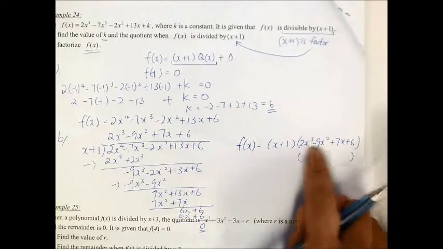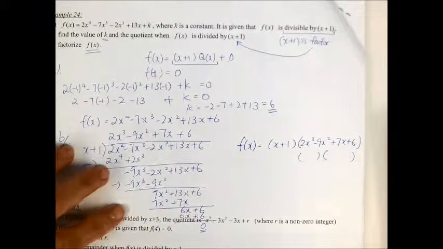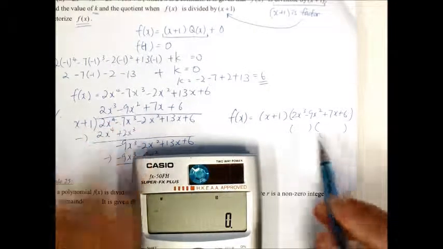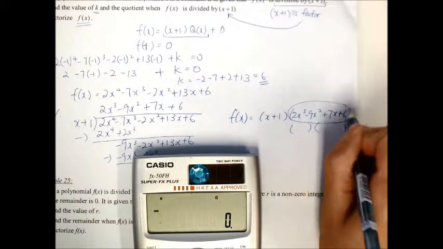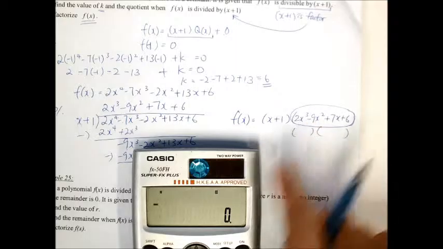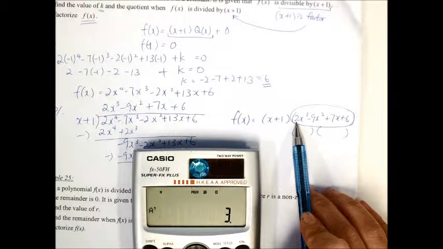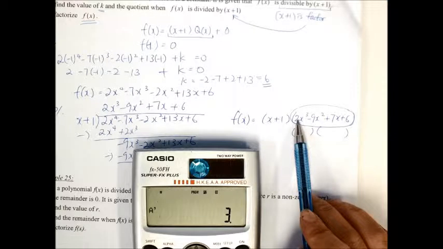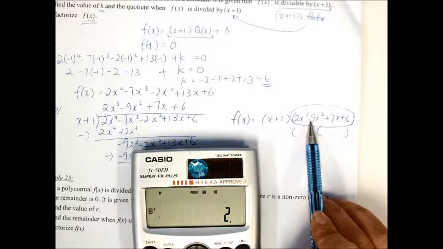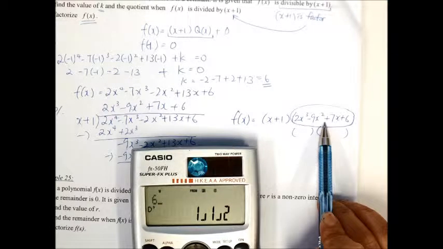How are you going to carry this? Okay, I want to factorize this polynomial, but I don't want to spend too much time, so I'm going to use my program stored inside the calculator already. A will be the first coefficient of x cubed, B is -9, C is 7, D is 6.